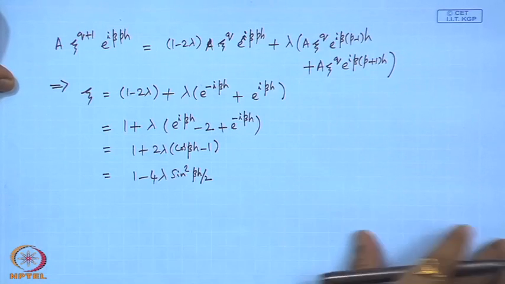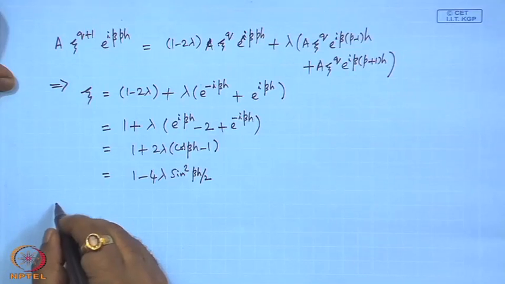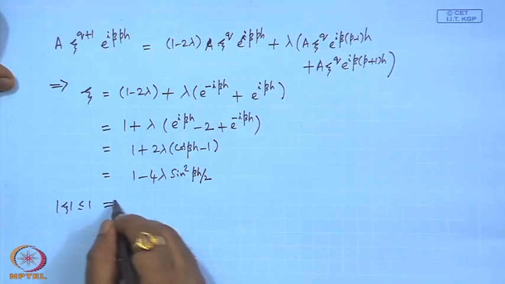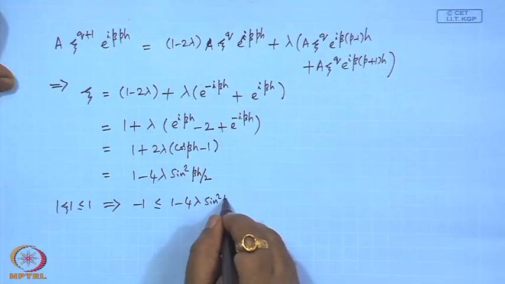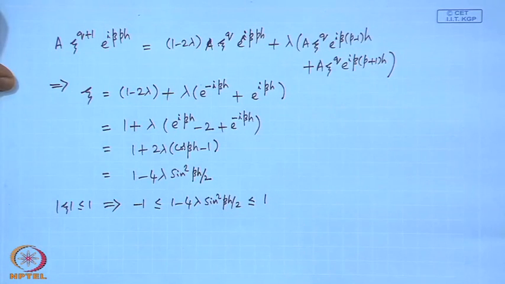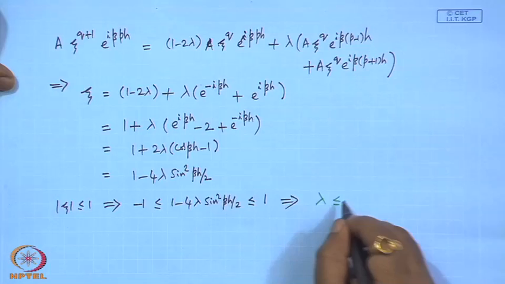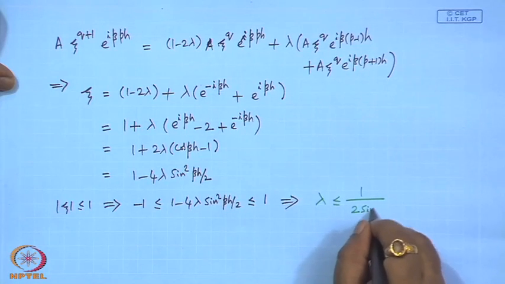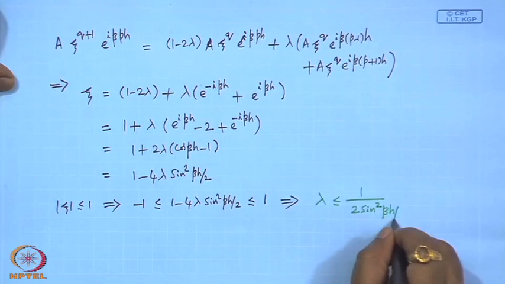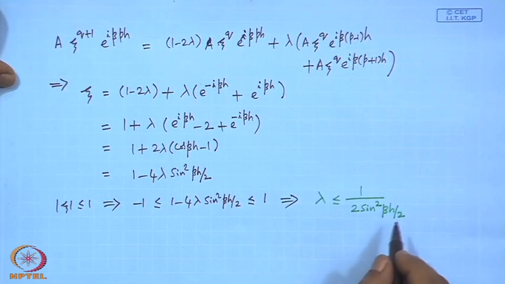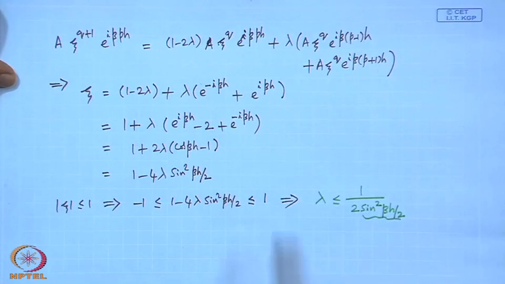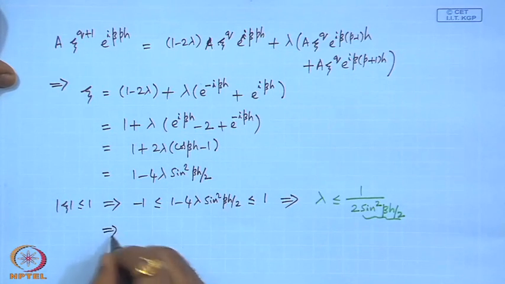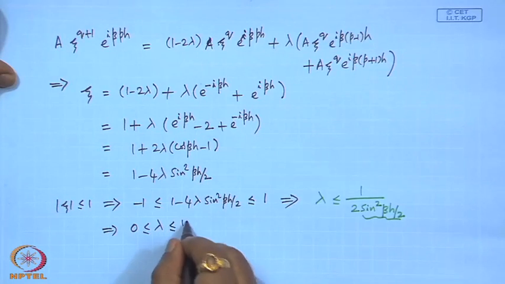So, now for stability we need, so this implies we get lambda is less than or equal to 1 over sin square beta h by 2 for stability, and since this is less than or equal to 1, this quantity we get, this implies 0 less than lambda less than or equal to.